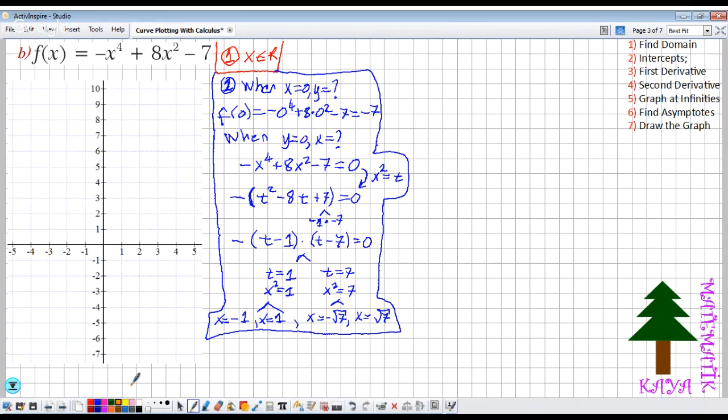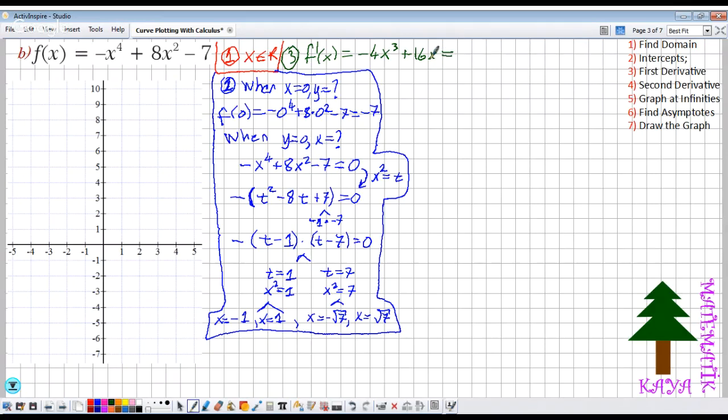So now we should continue with the third step, which is finding the first derivative. Let me start from here. The first derivative of minus x to the power of 4 is minus 4 times x to the power of 3, and for 8x squared, if you move the power 2 in here, it's going to be 8 times 2, 16x. Then minus 7 will be 0 when you take the derivative of it.